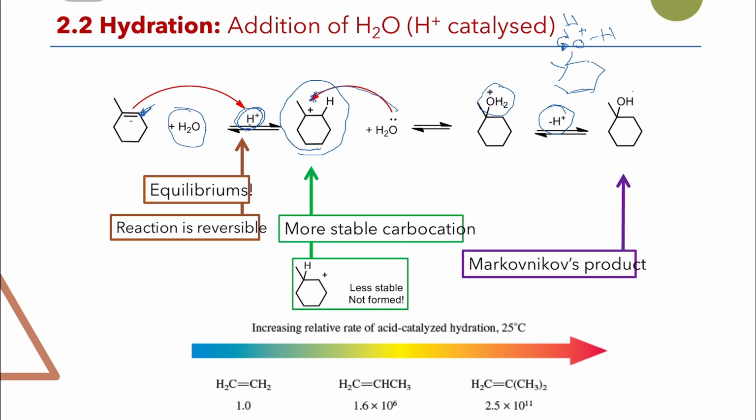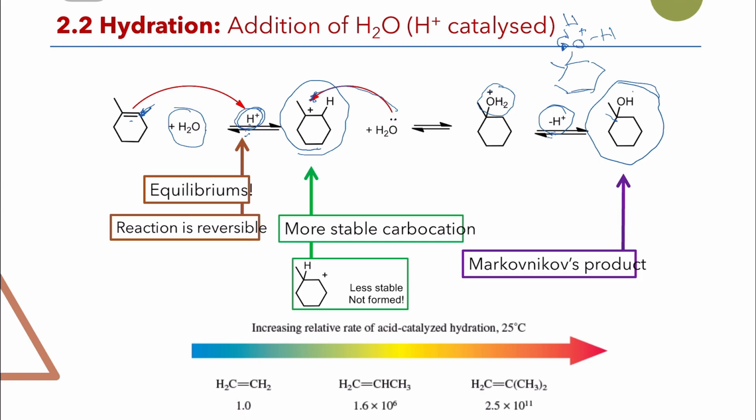As in the beginning when we added the hydrogen, we ended up with a hydrogen as well. So the catalyst here hasn't changed. We started with a hydrogen plus, a proton, and we ended up with a proton that has left, and that will give us the cyclohexanol with a methyl substitution on the first carbon.